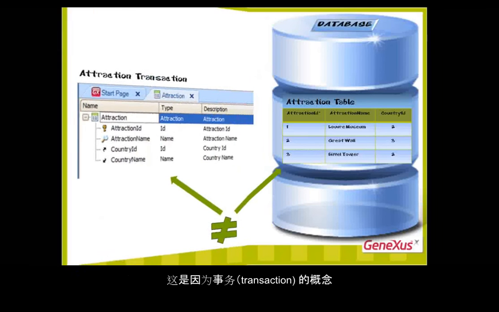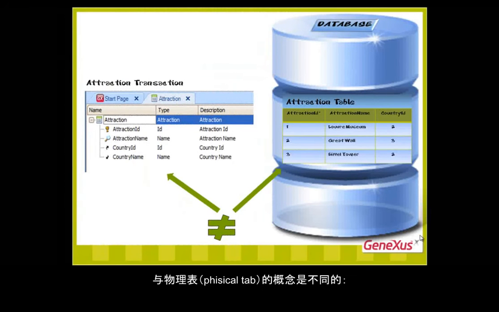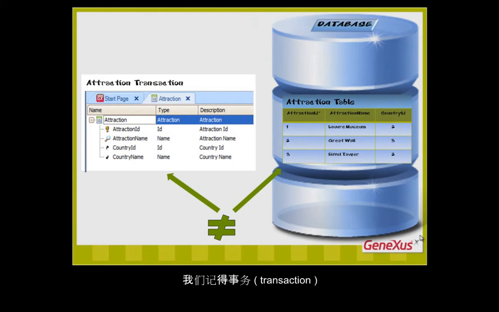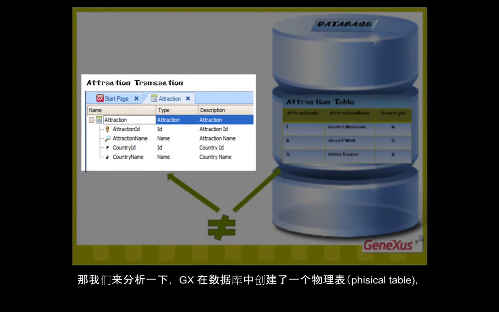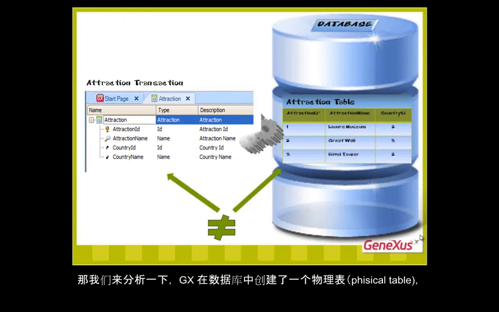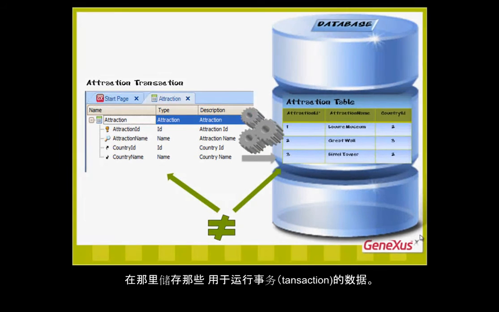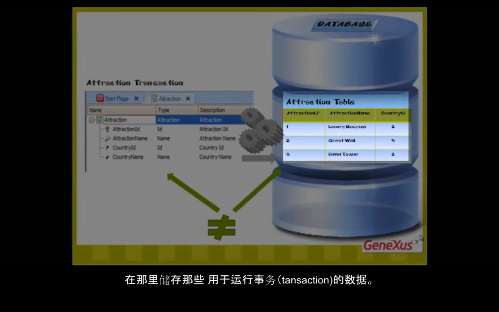This happens because the transaction concept is not the same as the physical table concept. Remember that transaction is the GeneXus object that we created in the knowledge base to represent an object or actor of reality. And examining it, GeneXus creates a physical table in the database to store the data that will be entered when executing the transaction.